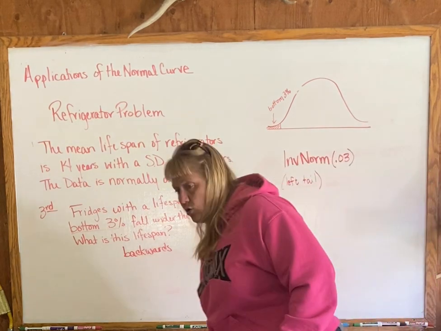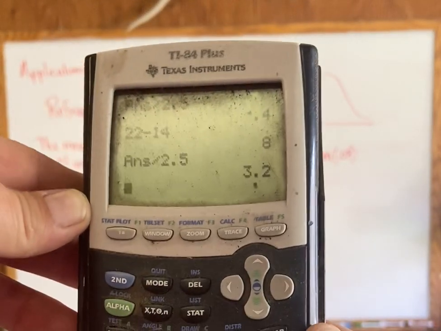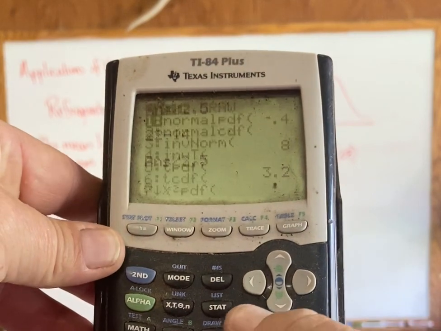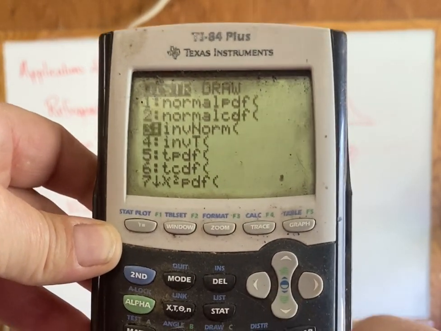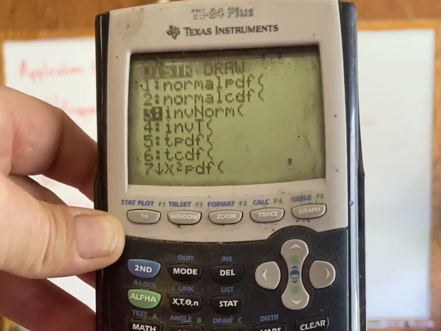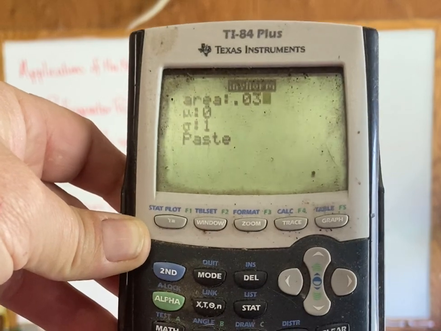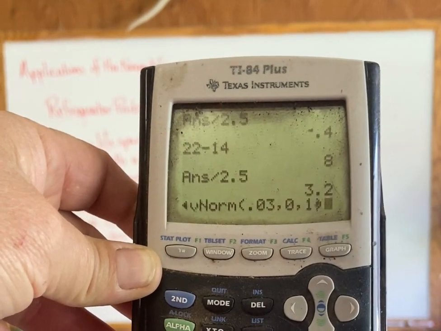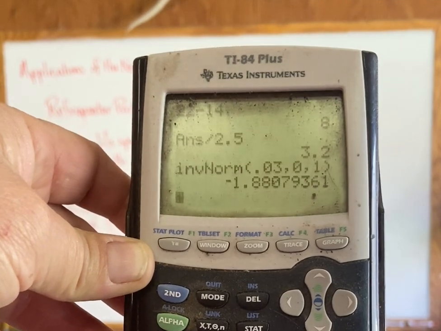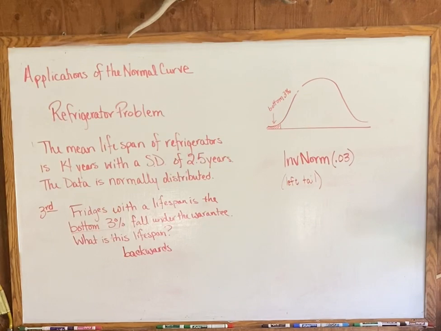And just in case you don't remember, the inverse norm is right next to the normal CDF. So if you go, sorry about that, second distribution, there's the normal CDF, and then inverse norm is right underneath it. Our area is 0.03, cycle down, and I get a negative 1.88.